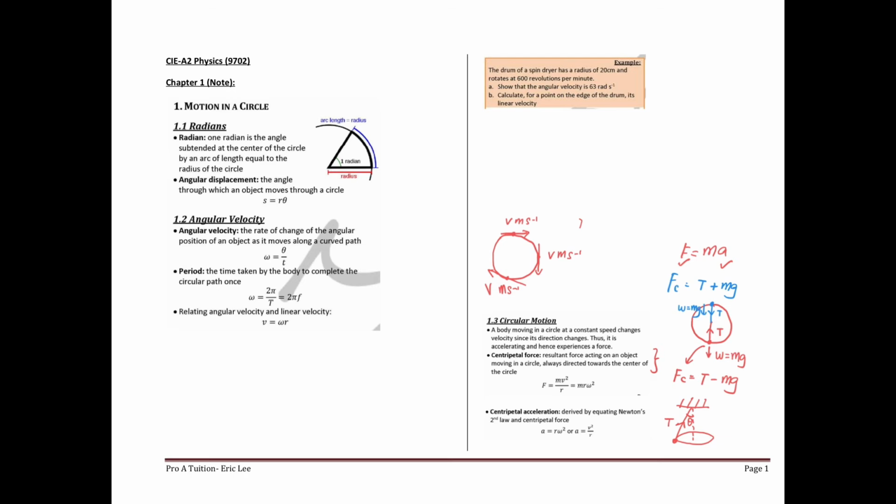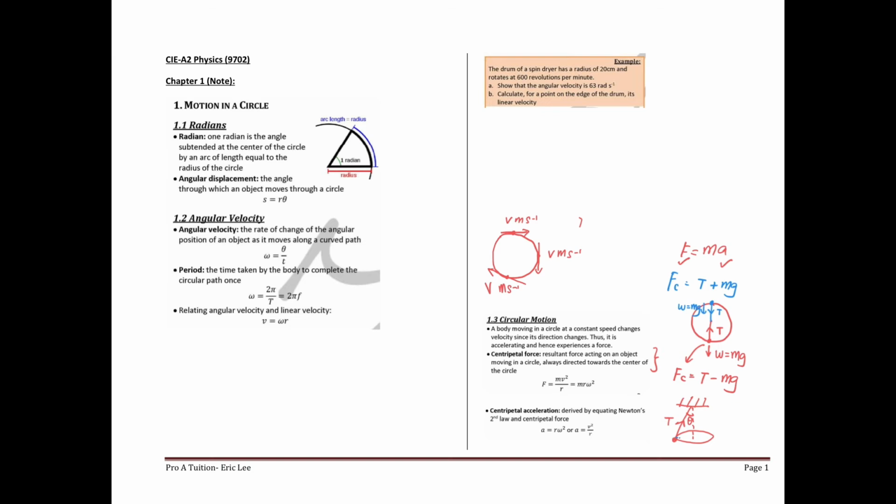Now in order to find the centripetal force, what we have to do is resolve the tension by finding the horizontal component, as this is the force that acts towards the center of the circle. So in order to find this, as this is opposite of the angle, we can use sine.